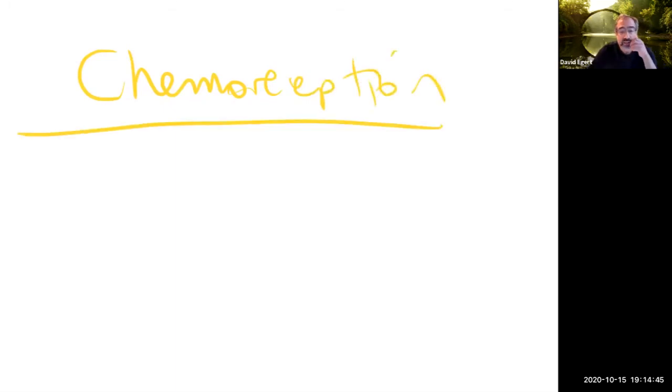Chemoreception. You have senses that detect the presence of different kinds of molecules. Smell, taste.